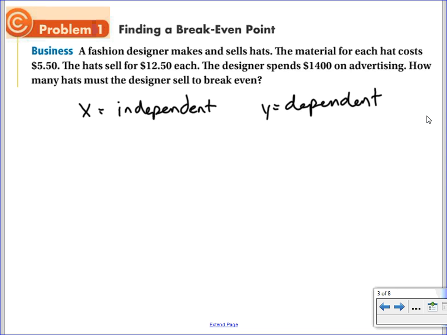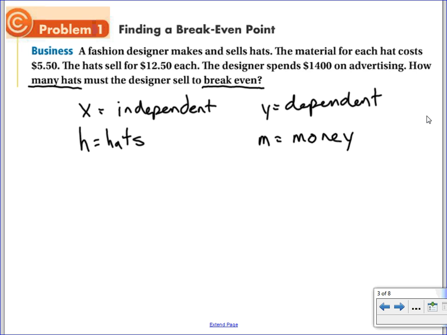We're dealing with money, and we're dealing with how many hats. Break even means money, right? How much to make your money back. So instead, I'm going to use H for hats and M for money.